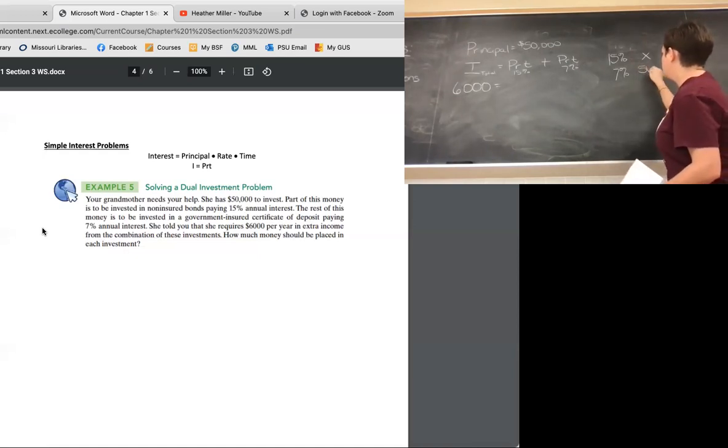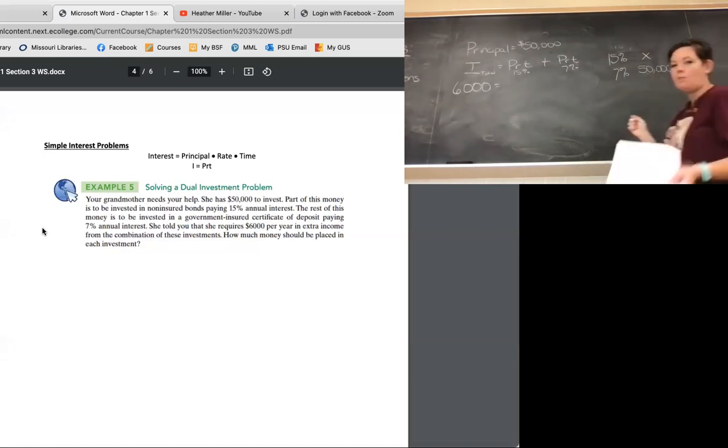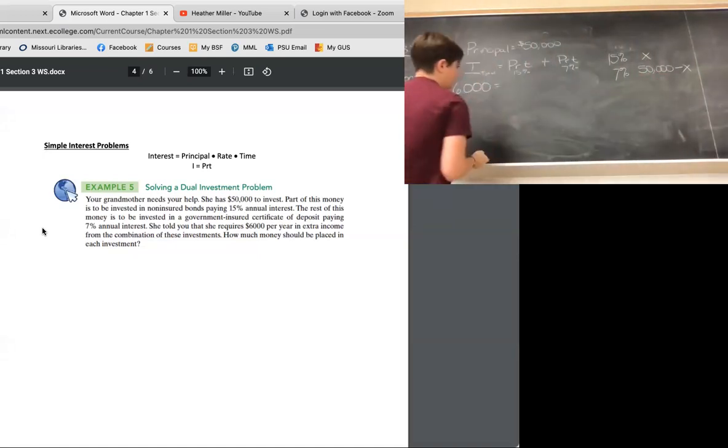Well, we have 50,000 minus however much we put in at 15, so 50,000 minus the X. We're going to put X at 15 and whatever's left over at 7. Now we have all of the pieces that we need to plug into the rest of our equation.